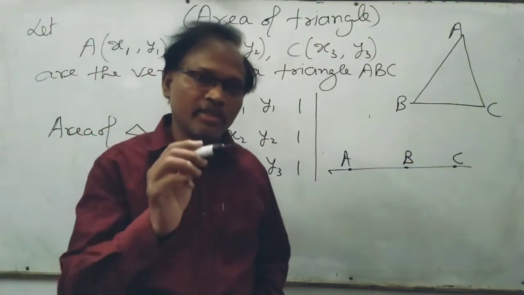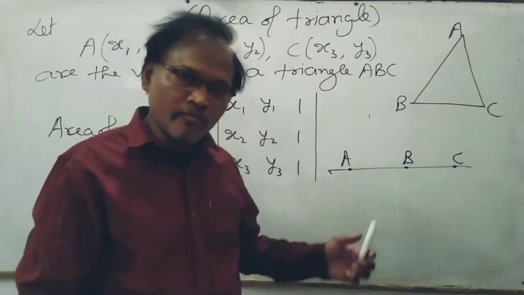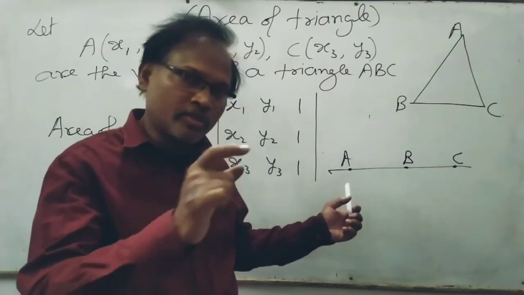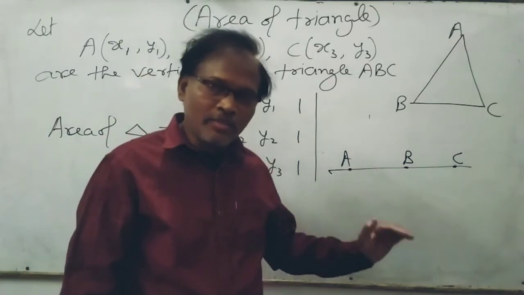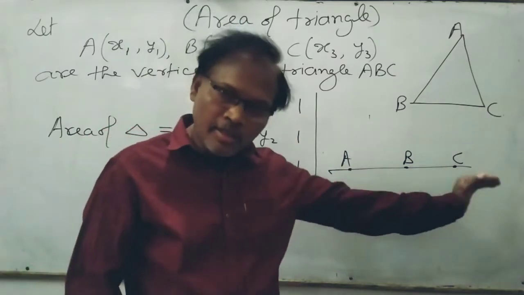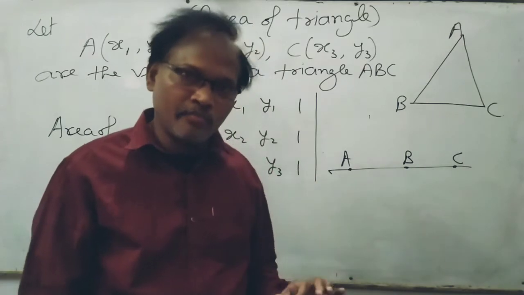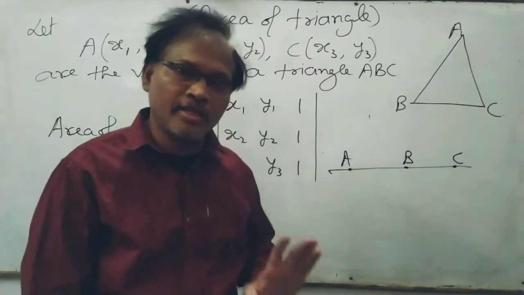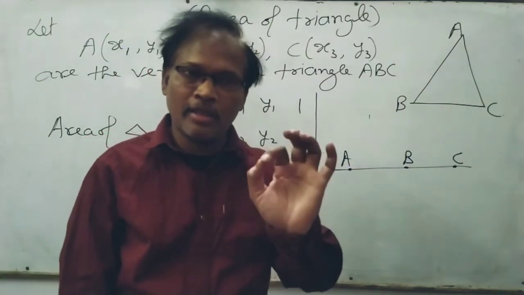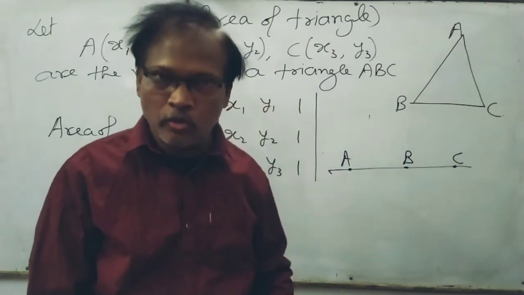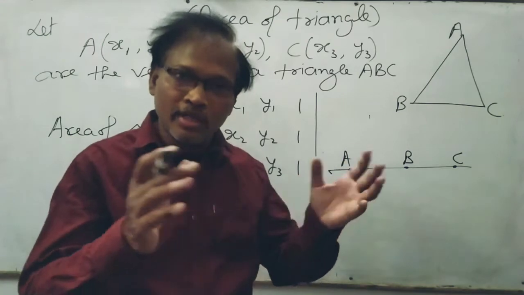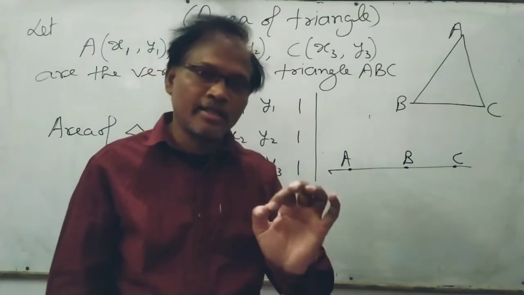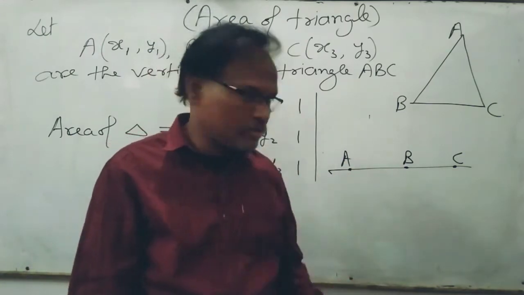So will you get the area of the triangle? No, never. When 3 points are on one line, you will not get the area of the triangle. Means the area of the triangle will be 0. Why? Because a triangle cannot be formed. So in that case you will get the area of the triangle as 0.